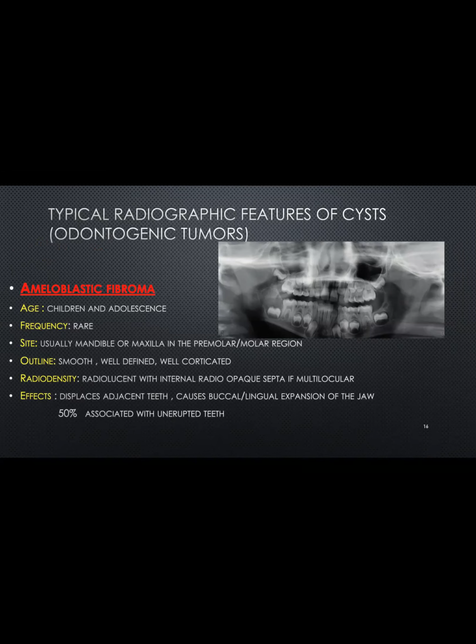It usually happens in the mandible or the maxilla in the premolar molar region. It's smooth, well-defined, well-corticated, and radiolucent, but sometimes it could have internal septa if it's multilocular. It displaces adjacent teeth, causes buccal and lingual expansion of the jaw, and there's a 50% chance it's associated with unerupted teeth.